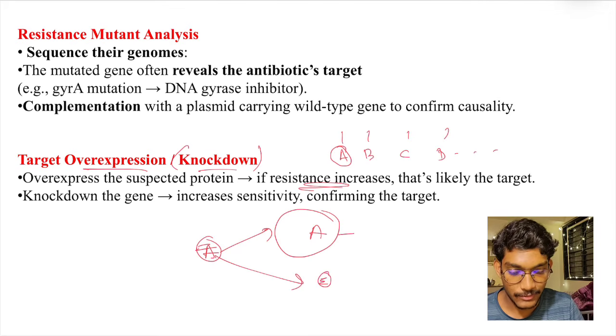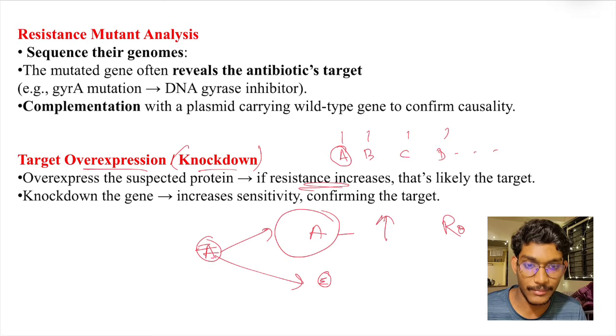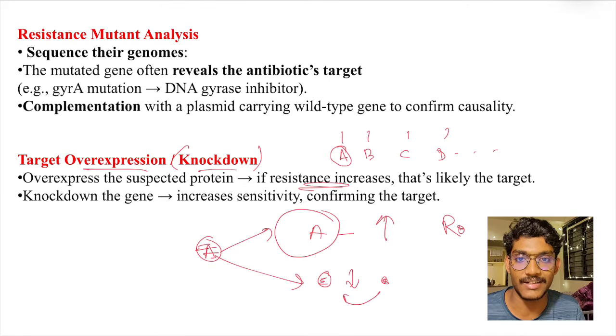So in the first case we will need more antibiotic to inhibit the higher amount of protein A produced by overexpression. Therefore the bacteria will be resistant. And in the second case there will be a lesser amount of protein A, therefore a smaller amount of antibiotic will be able to inhibit the bacteria, because the amount of protein A is already reduced.